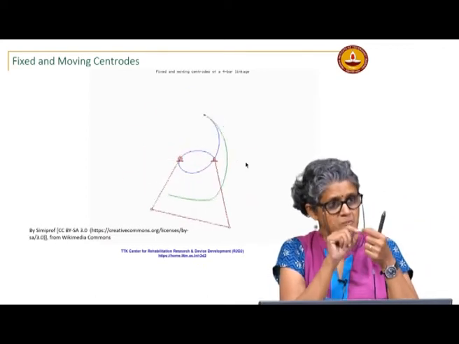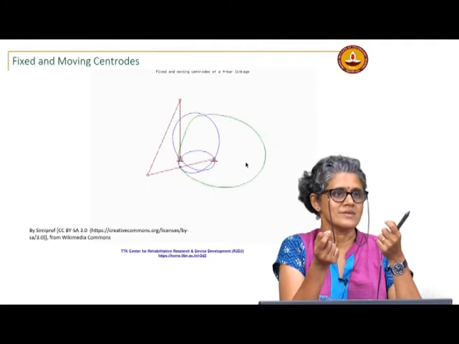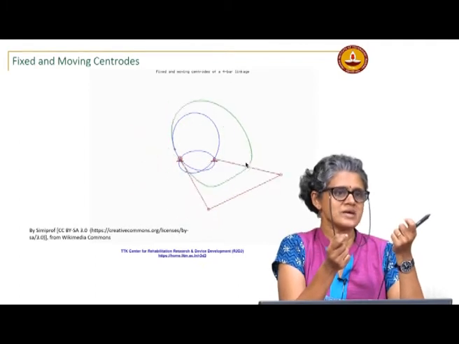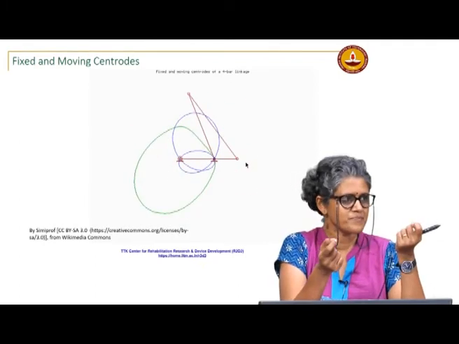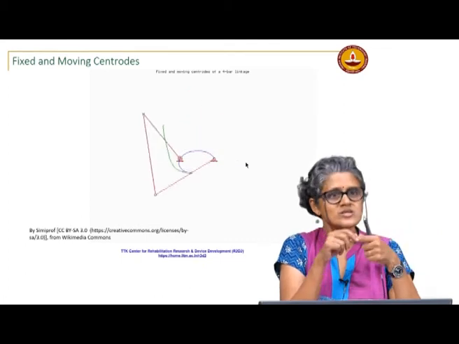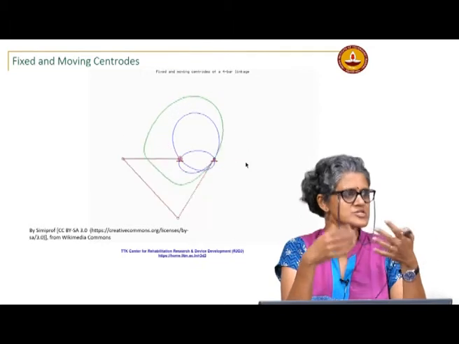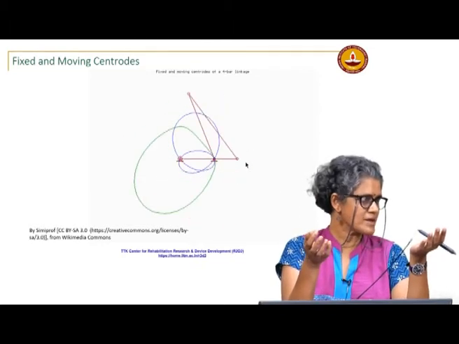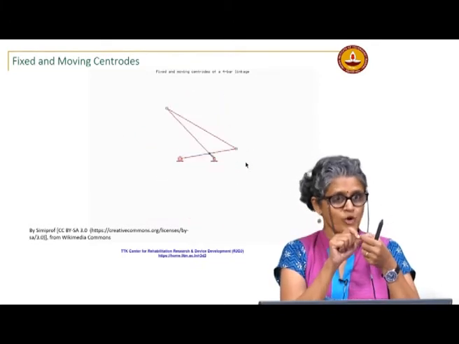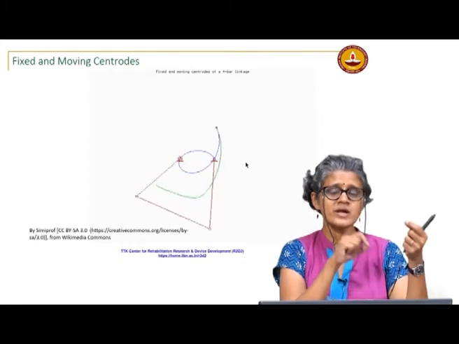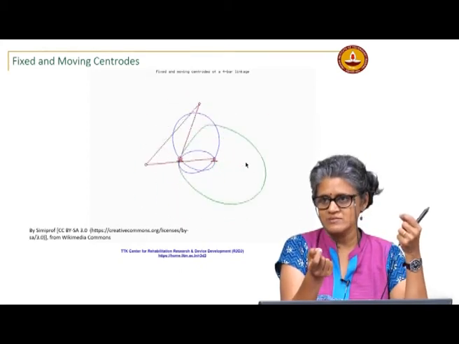The question is whether the same point will contact the fixed centroid multiple times, which may not happen, because you could have multiple points on the centroid which will generate cusps, but is the same point going to contact the fixed centroid?